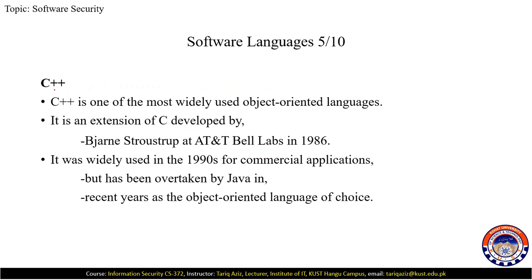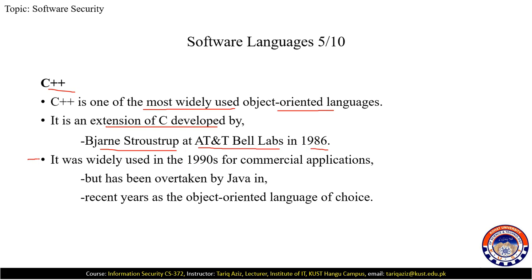The next language is C++, and we know that it is one of the most widely used object-oriented languages. And we can say that C++ is basically an extension of the C language. C++ was developed by Bjarne Stroustrup at AT&T Bell Labs in 1986.